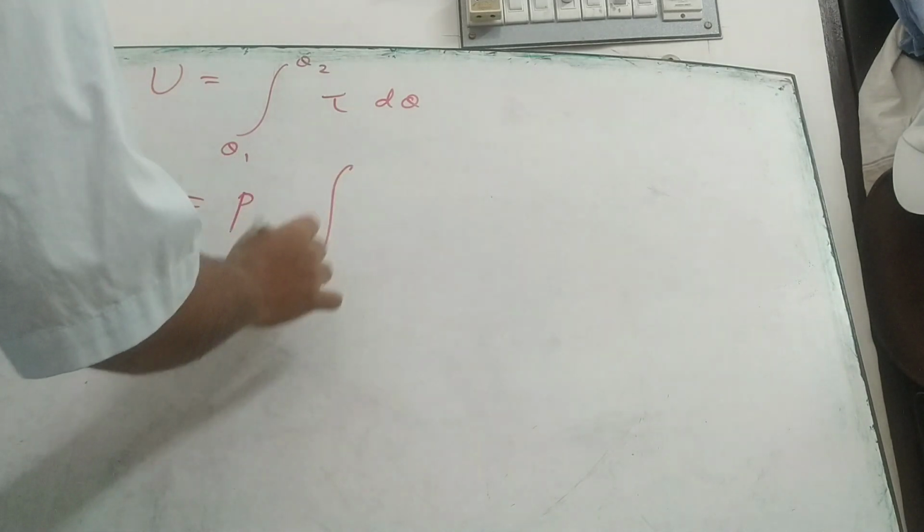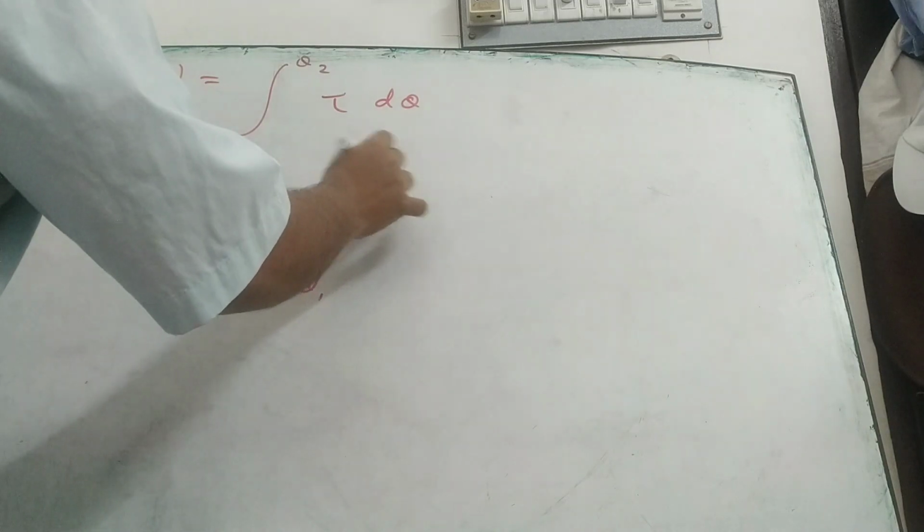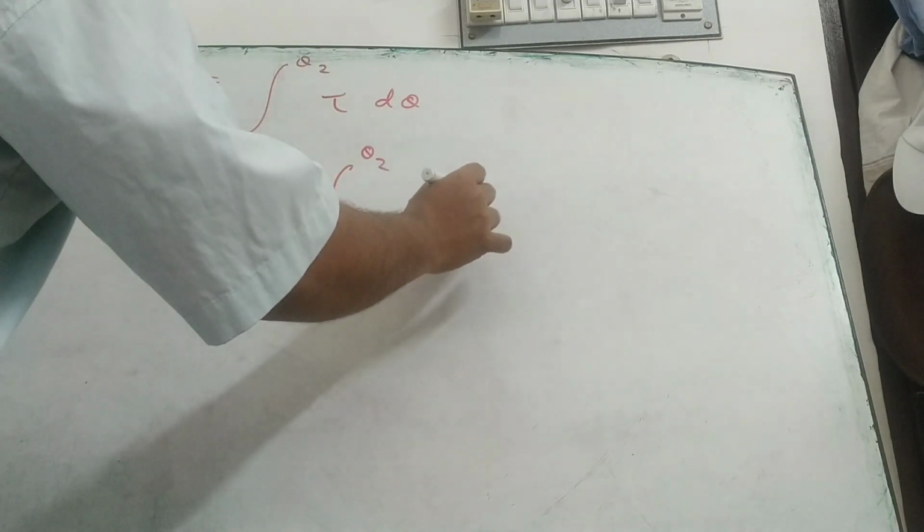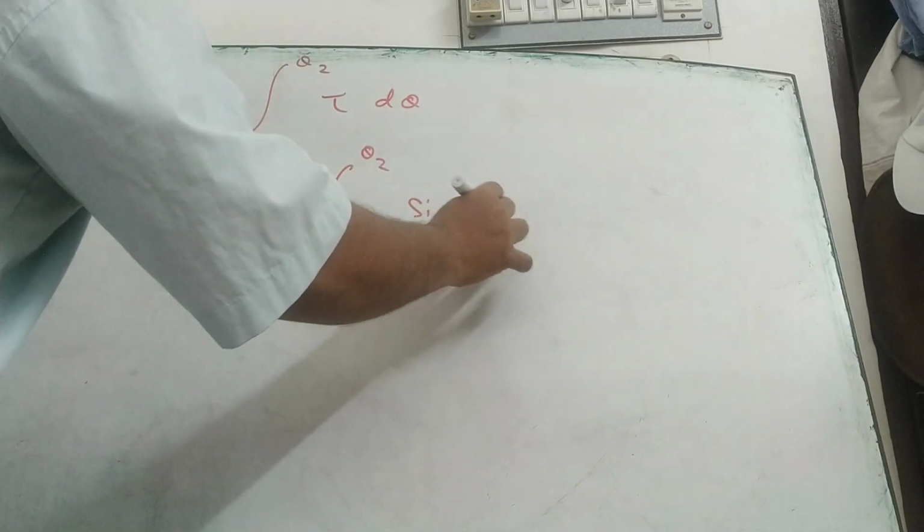This is equal to P E integration of theta 1 to theta 2 sin theta d theta.